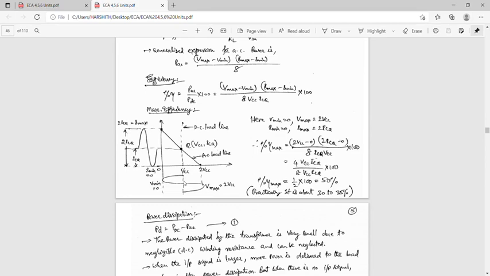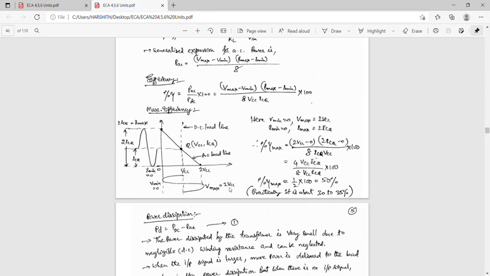So for the maximum swing, V minimum equals 0, and V maximum equals 2 into VCC. On the x-axis we can take 0, VCC, 2 VCC, 3 VCC and so on. So V minimum is 0 and V maximum is 2 VCC.